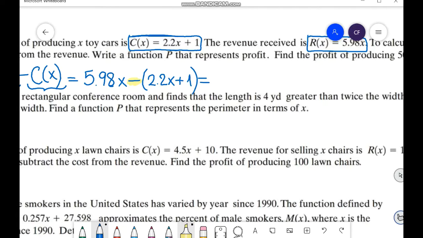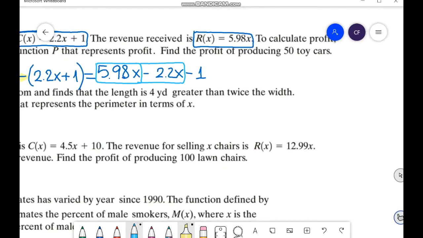We have to just keep the first one, repeat, and the second one we're going to change into the opposites. Minus 1. Now combine like terms. We have this like term and that, and we can combine, and it's going to equal 3.78x. Keep this minus 1.